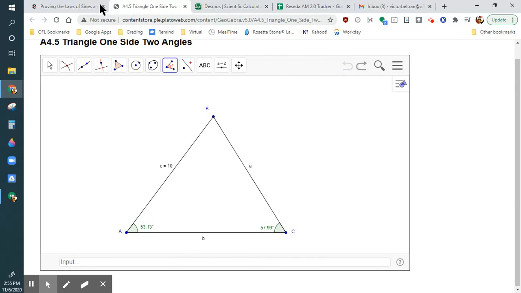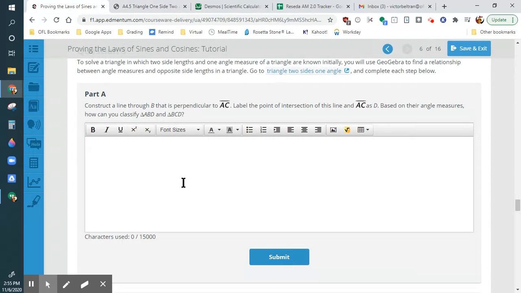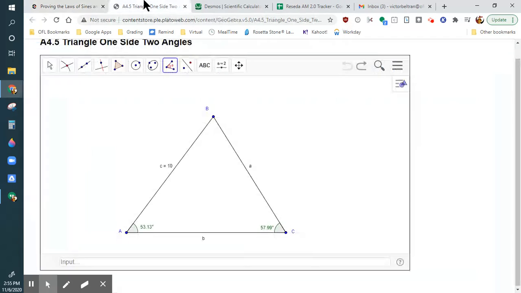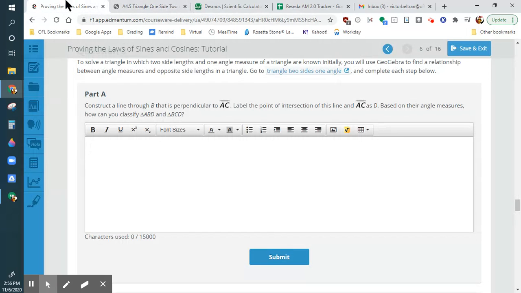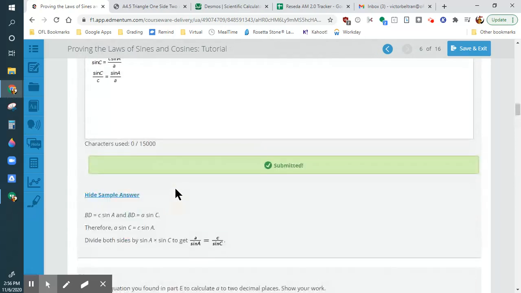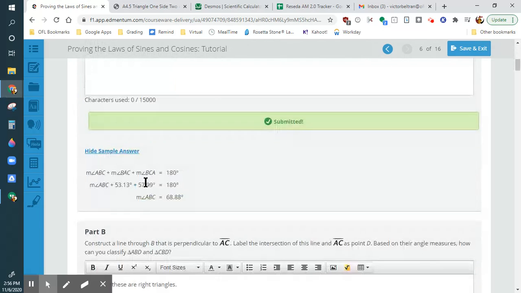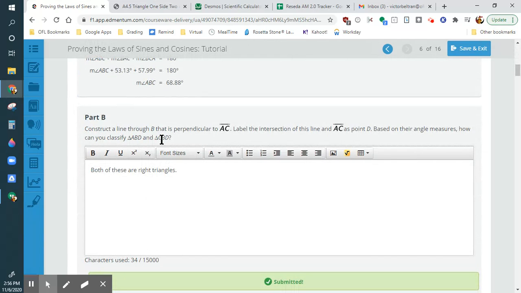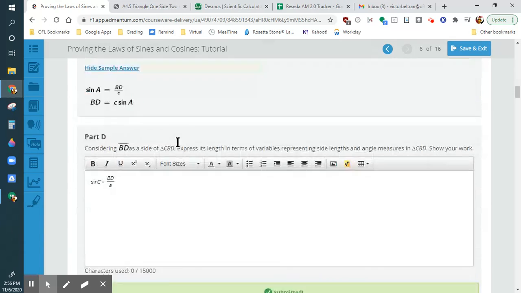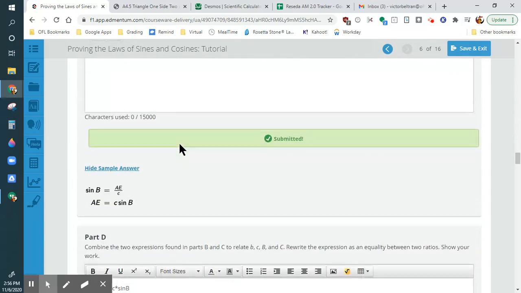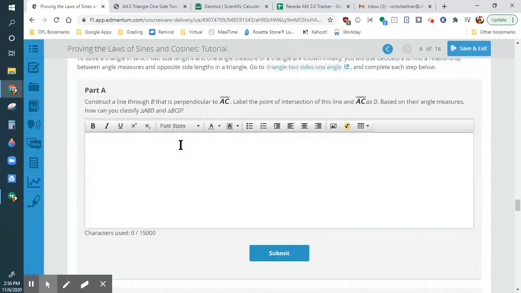I don't want to have a million angles there. Perpendicular to AC going through point B. Didn't we do this already, right? Is it really going to make us call this point D again?